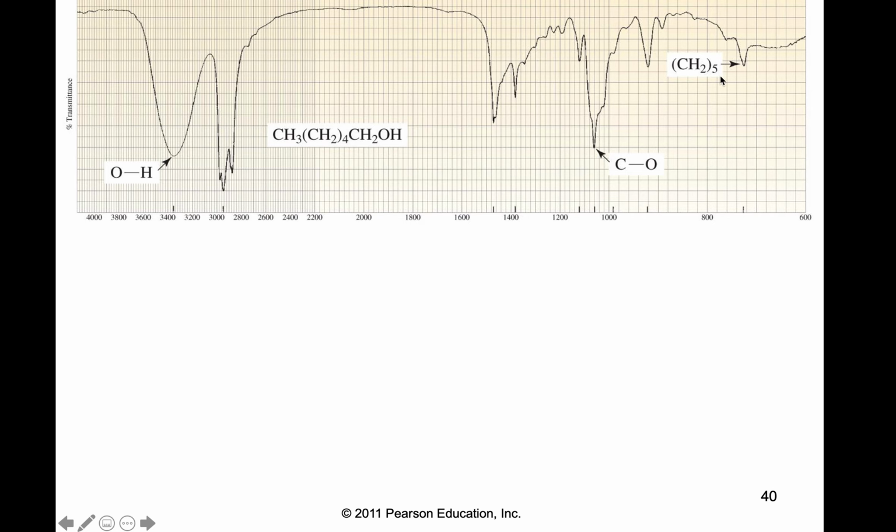But then if you have 5 methylene units or more, CH2 units, you get this little blip there. I'm not sure, most people don't know why. I guess theoretical people would know. But if you have a chain with 5 or more CH2 units, you'll get that blip. So C8 would have it, but C4 would not. And then, of course, there's your CO stretch, single bond stretch.